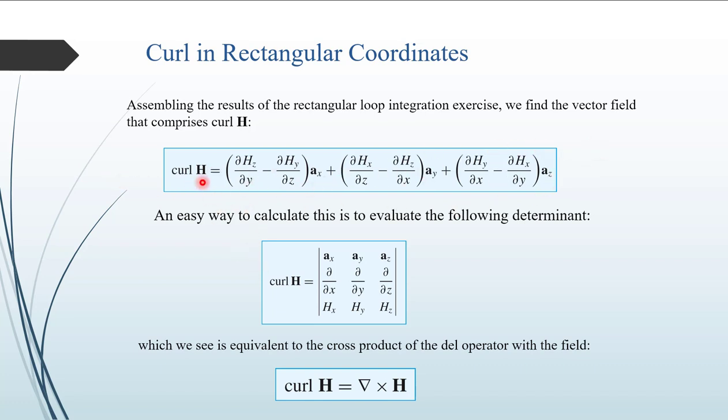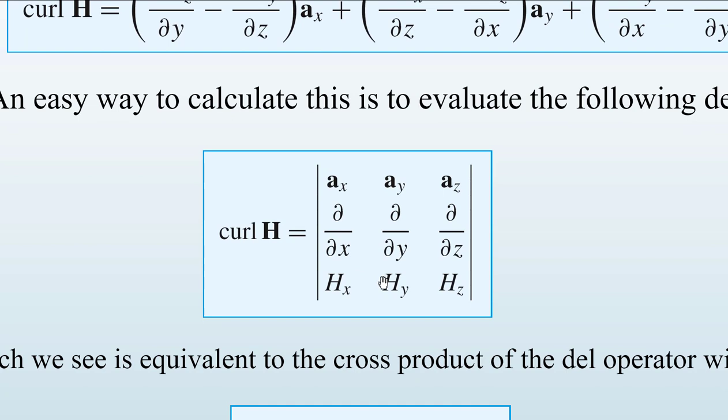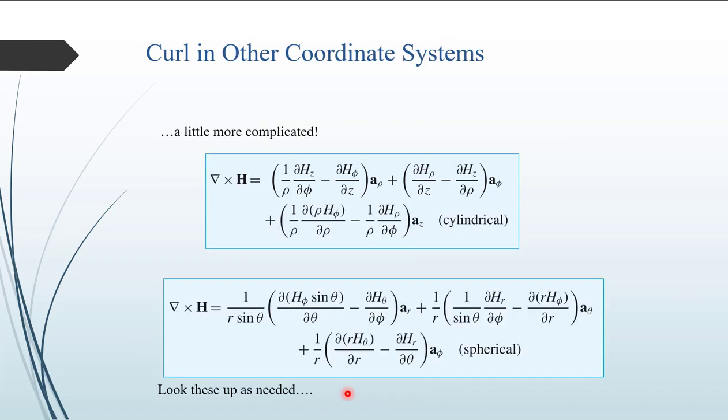This equation can be expressed in matrix form as ax cap ay cap az cap, dou by dou x, dou by dou y, dou by dou z, Hx, Hy, Hz. If you solve this matrix, you will get the same equation as above. So these two solutions are the same, and the right hand side is the curl of H. It is expressed as del cross H. This operator you have seen in the first chapter.